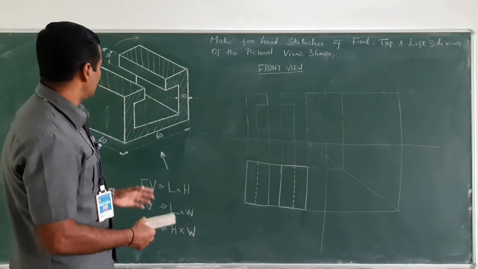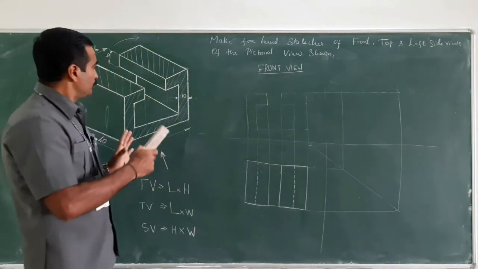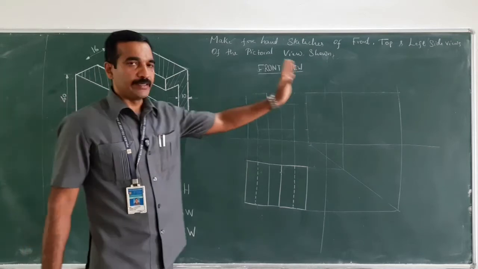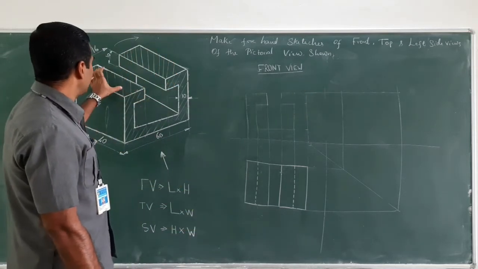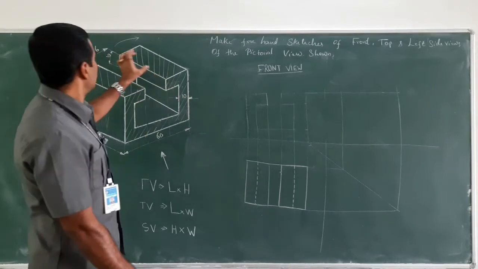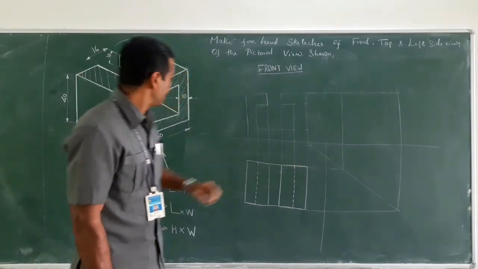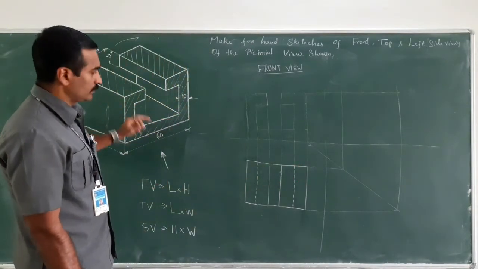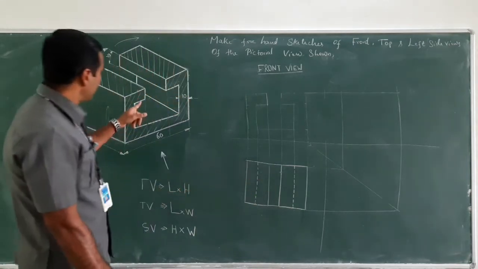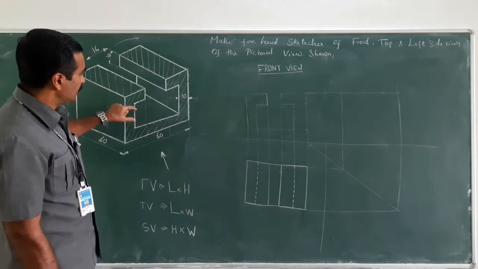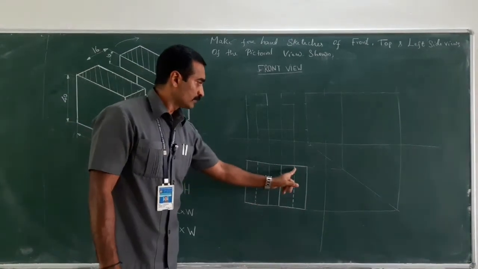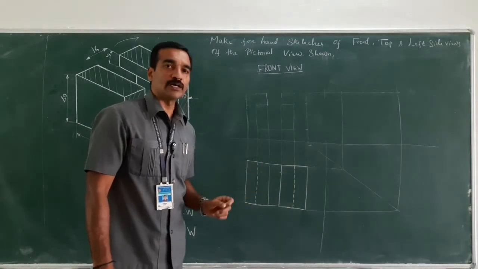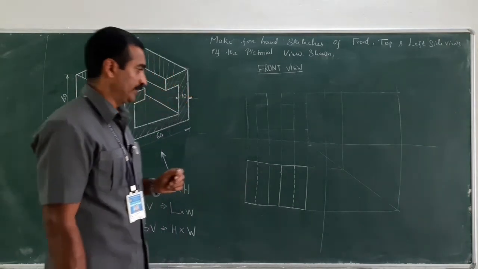Right? So check before you proceed to the next view, which is nothing but the side view. So this portion I have captured here, this rectangle I have captured here, and this line I have captured, and this particular edge is invisible. Therefore, I have marked both with a dotted line or hidden line or dash line, right?